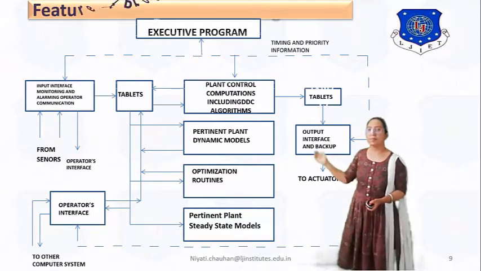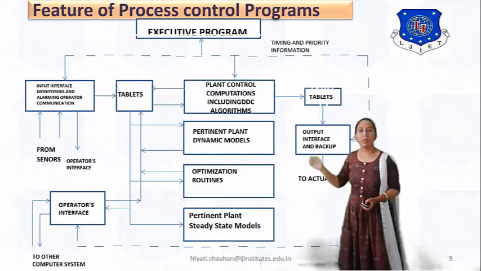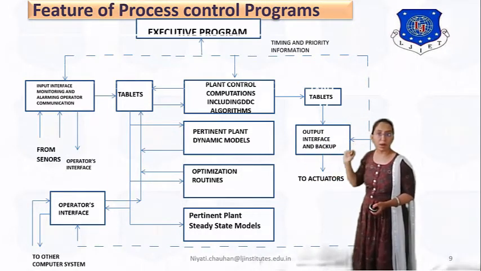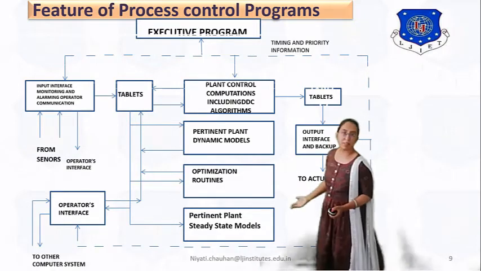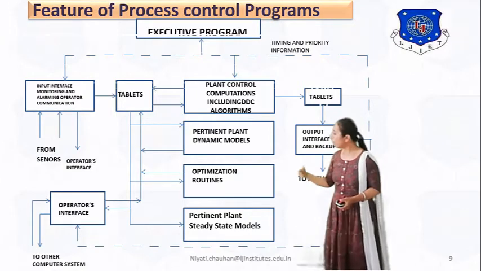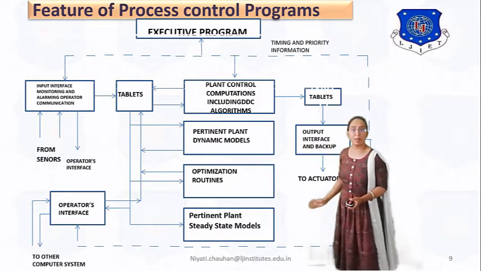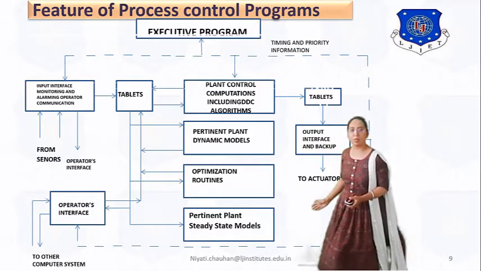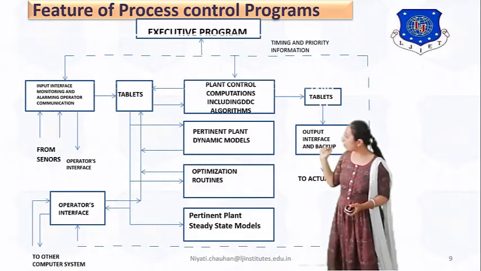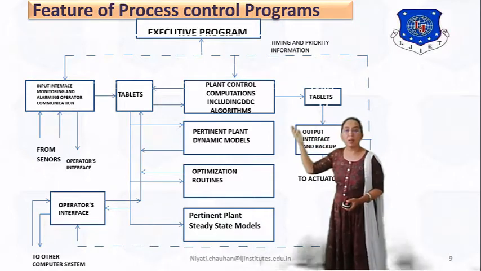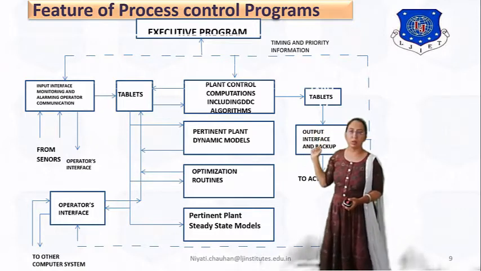Next is the features of process control programming. In process control programming, some features are discussed here. In the diagram, you can see the operator's interface and these 4 blocks. First is the plant steady state model, then optimization routine, the plant dynamic process, and then plant control computation including direct digital control algorithms.